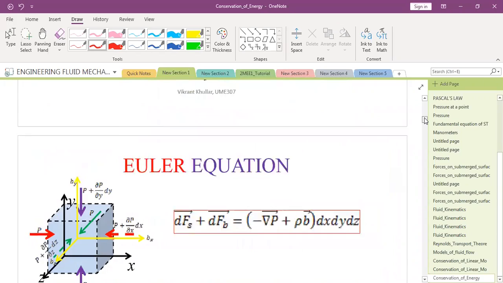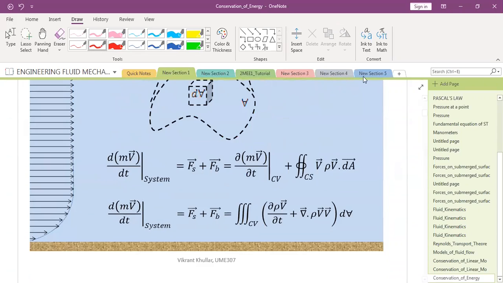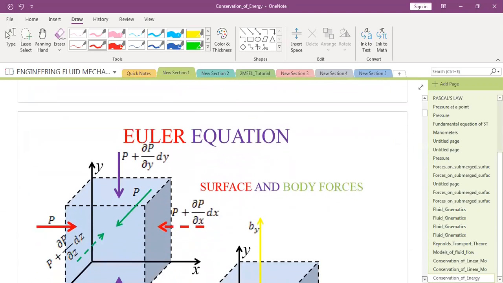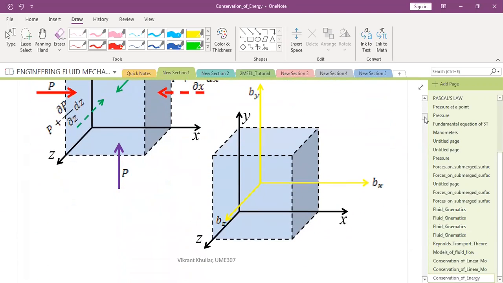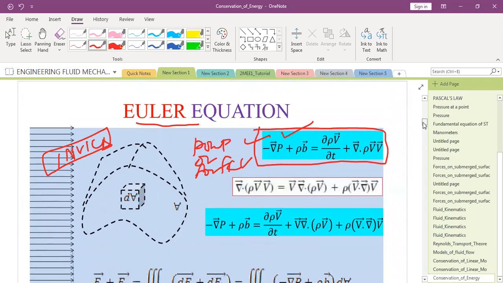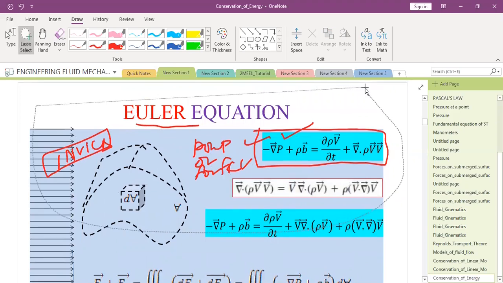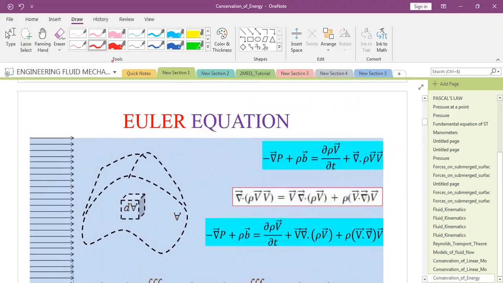What were these DFS, DFB, if you remember? What is the difference between this equation and this equation? If I mark this equation as A, this was one equation, and I am writing down an equivalent equation. Let me know what is the difference.